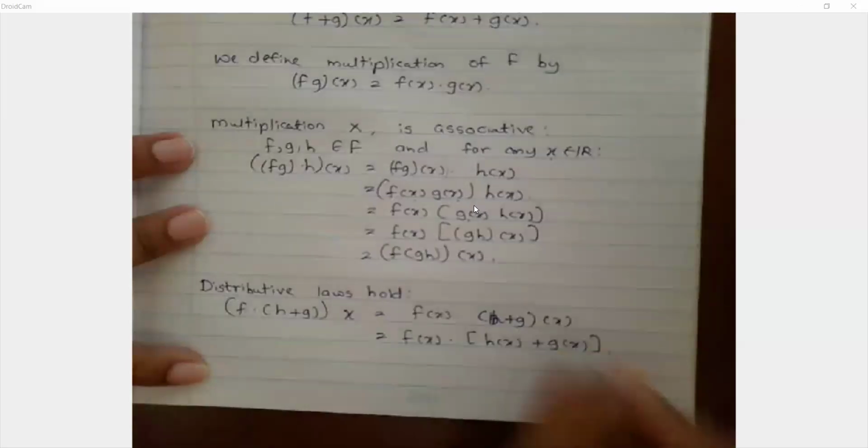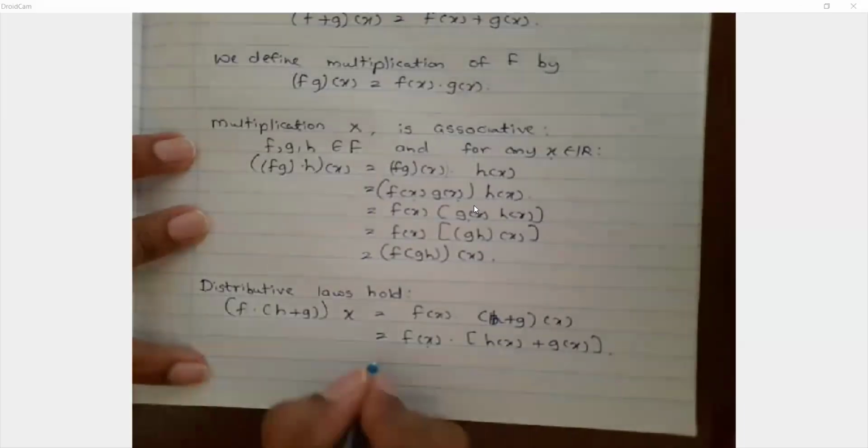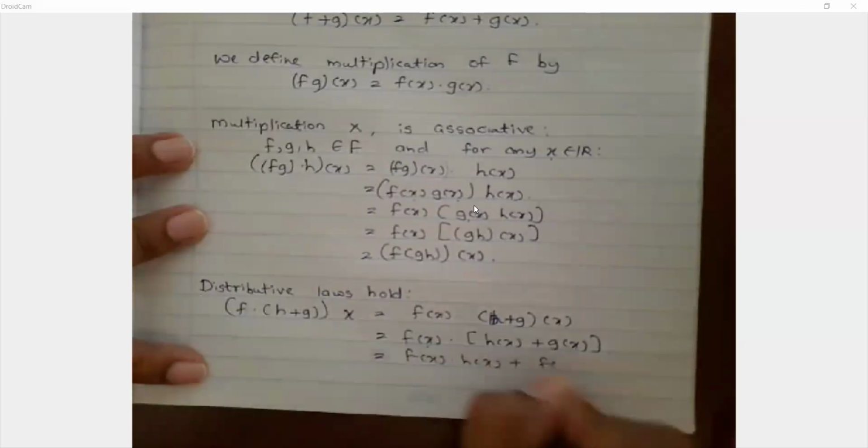What do we have now? f of x, h of x, and g of x, all of which are real numbers. The set of real numbers is a ring. So the distributive laws hold over there. Using that property, we can write it as f of x times h of x plus f of x times g of x.